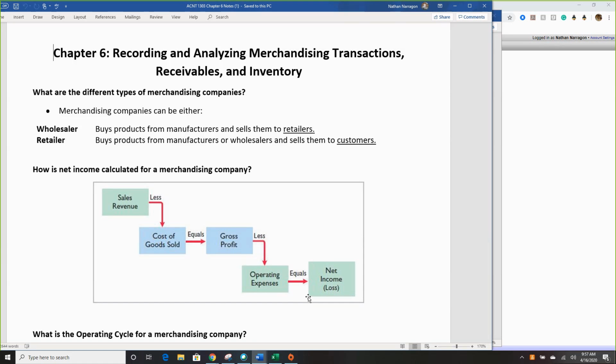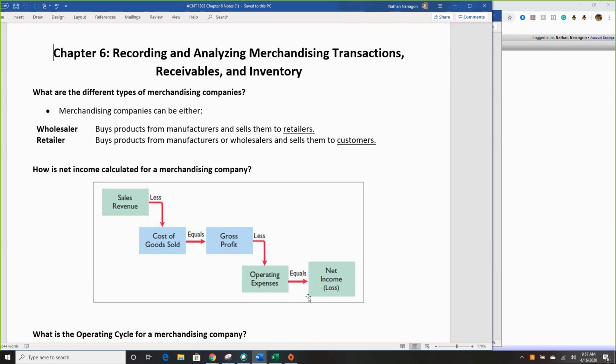And how do we account for various items of a merchandise company? So starting off, remember that we're going to deal with retail and merchandisers, either wholesalers or retailers. These are the accounts for them.